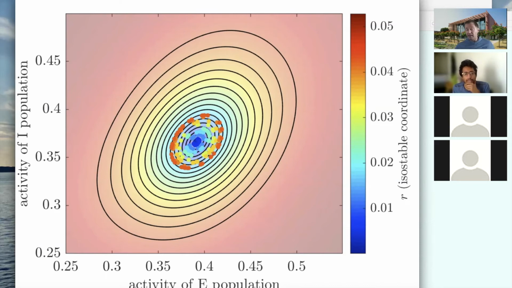So from an engineering point of view, very often there are variables of the system that we don't care too much about. They can be oscillating, and it's not necessarily of importance in some given application. Maybe the only important thing is that the radius, the distance from a certain point, goes to zero.